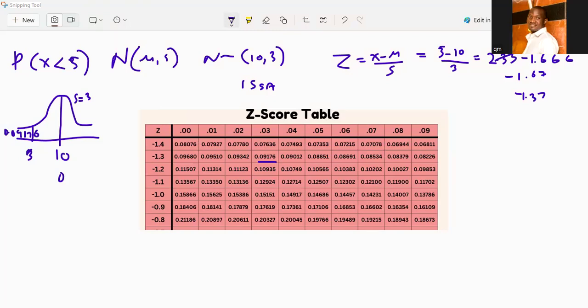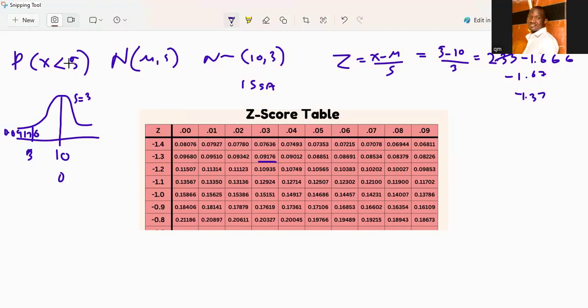So you must understand that illustration is very important. Understanding which table you want to use is very important. So I want to take you to the other table.